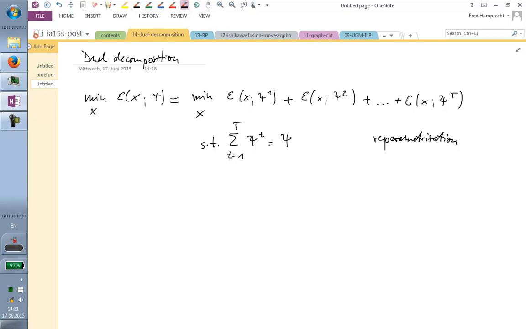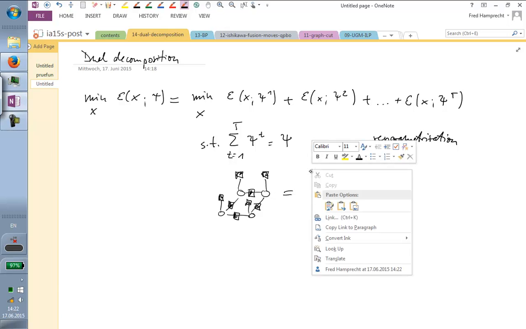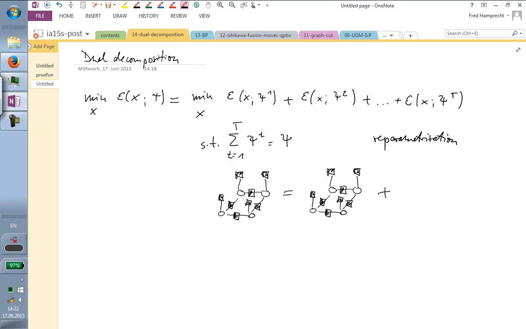So I could build, if we think of our typical MRF, I could, for example, say that I take this whole thing and I write this as a sum of two different MRFs.